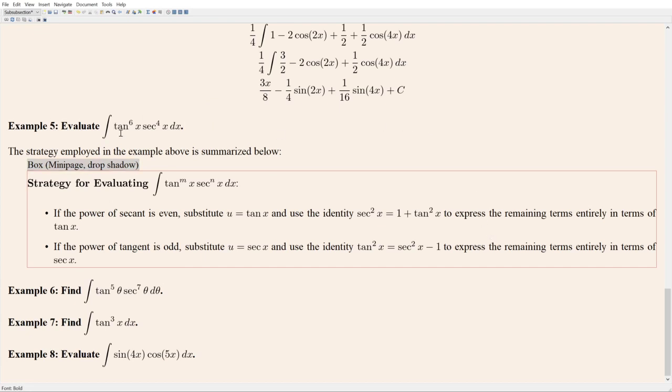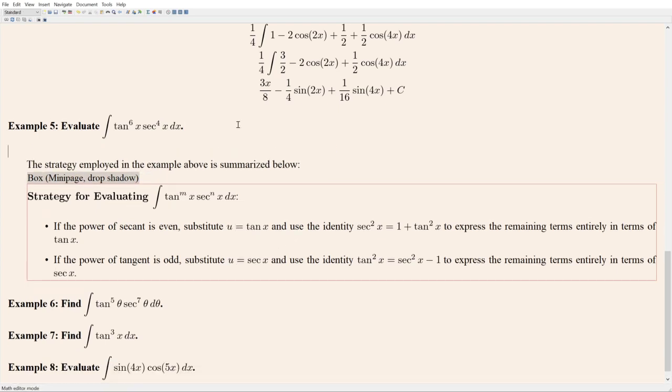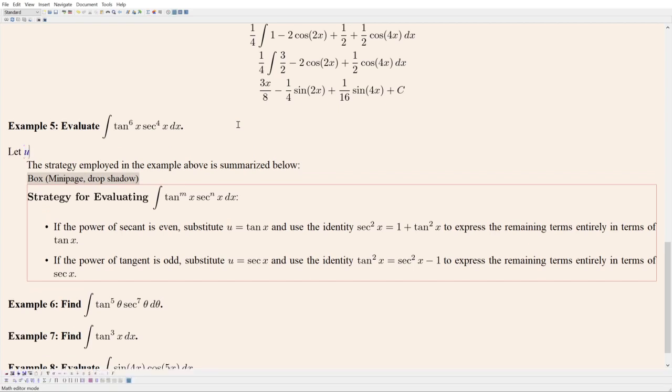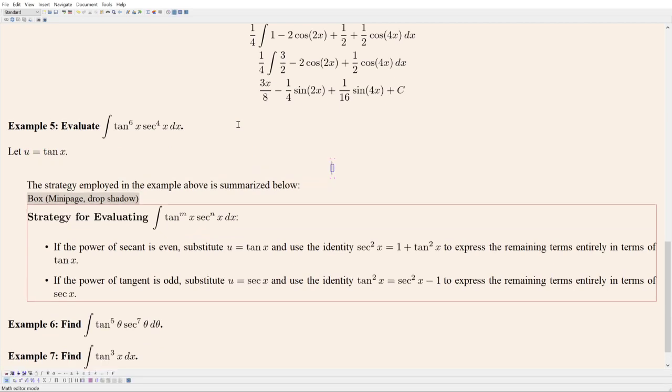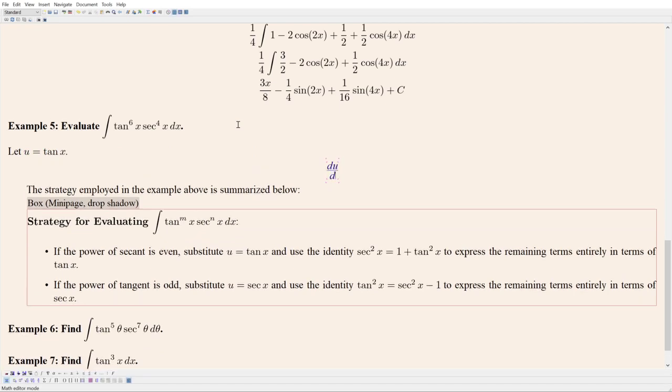So, tan to the 6, secant to the 4. So if the power of secant is even, sure is, substitute u equals tangent x. Okay, so let's do that. Then, so the derivative of tangent is secant squared.